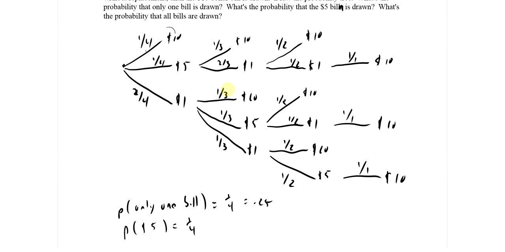$5 bill. This branch doesn't give you one. Oop, this branch does. So that gives you 2/4 times 1/3, which is 2/12 for this sequence. That gives you a $5 bill. And $1, $1, $10, $1, $1, $5. So 2/4 times 1/3 times 1/2.